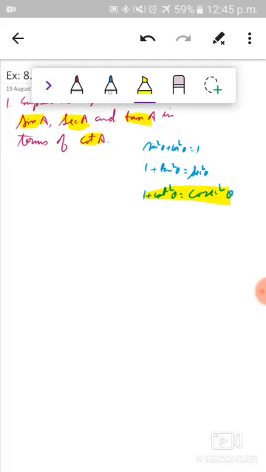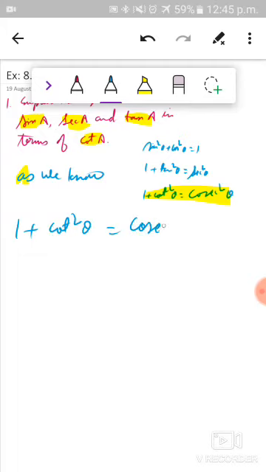So we'll start like this. As you know, 1 plus cot square theta is equal to cosec square theta, right? And cosec square theta is what? 1 by sin square theta.